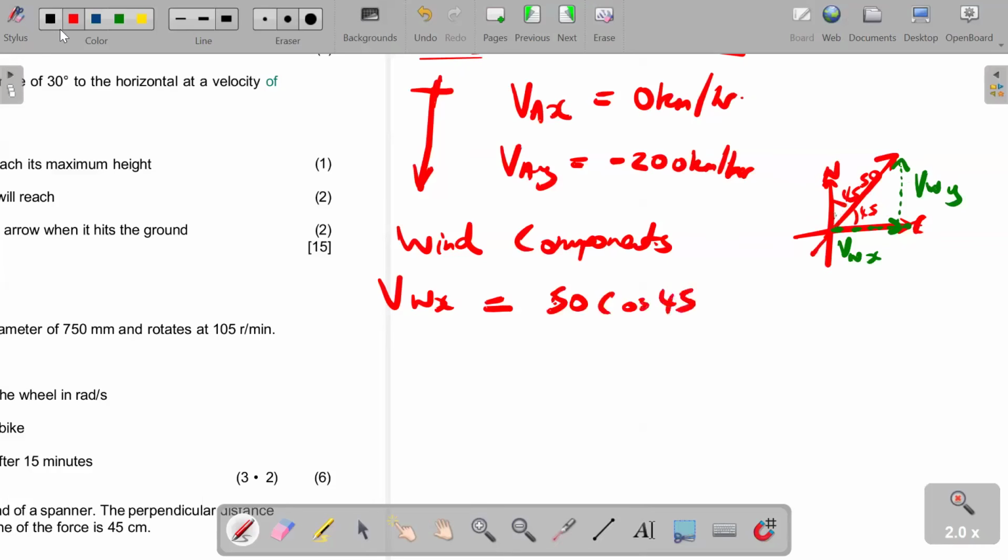We can also use this other route here. The choice is ours. And we are going to the east, so it's positive. Therefore, it's positive 35.355 kilometers per hour. That's marking our VWX.